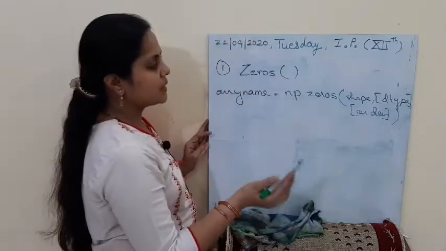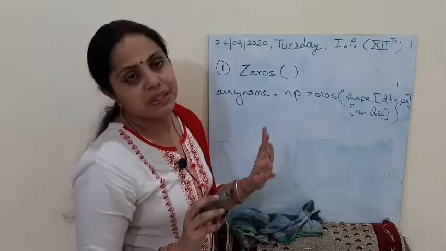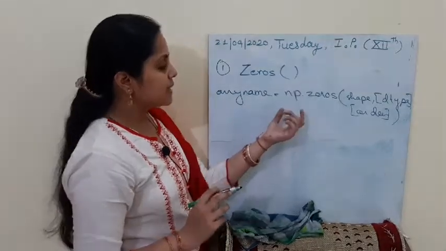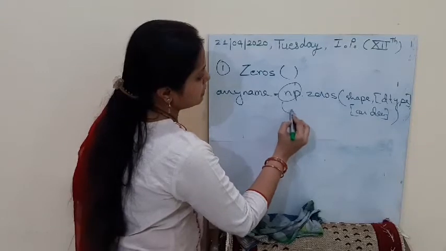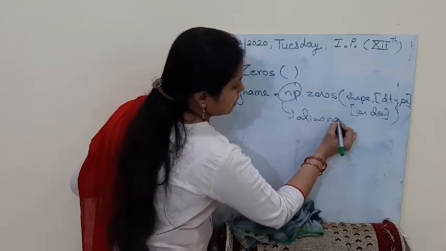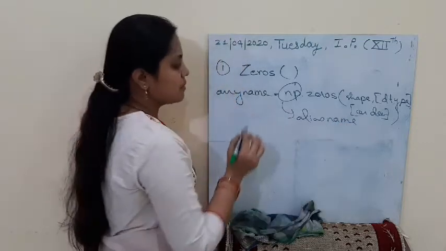Now shape, data type, order, this will remain the same as what we have seen for the empty arrays. Then np, you all remember, this is the alias name, and array name I can give any.